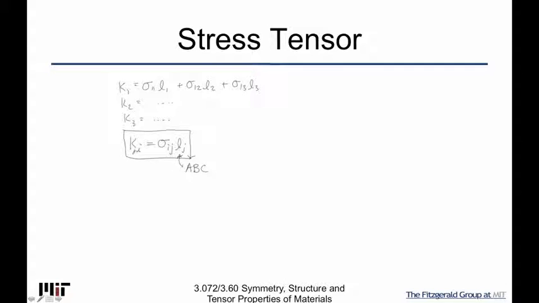And that the applied forces that end up being balanced are in sigma ij. This is a vector, this is a vector, and so therefore sigma ij is a second rank tensor. So this is a very simple definition of stress tensor.